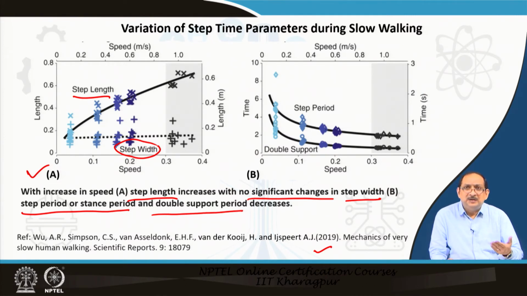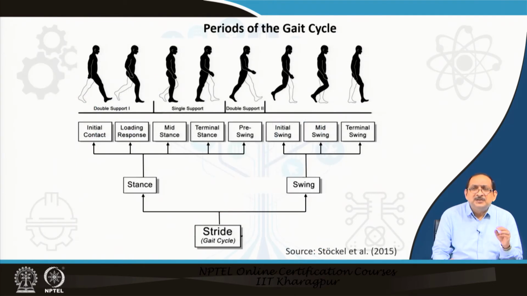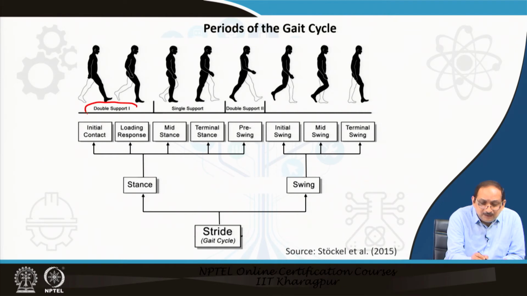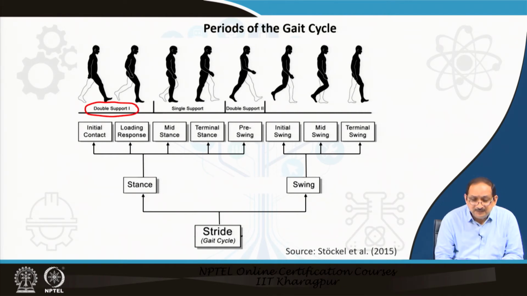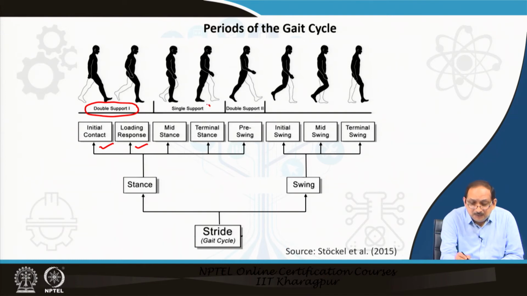If we want to increase the speed of walking, obviously the time for the double support will have to reduce. Let us discuss a little bit more in detail the periods of the gait cycle. During the double support first phase, we have the initial contact and then the loading response. In the single support phase, it is the mid stance and the terminal stance.